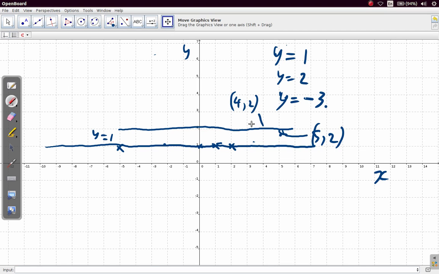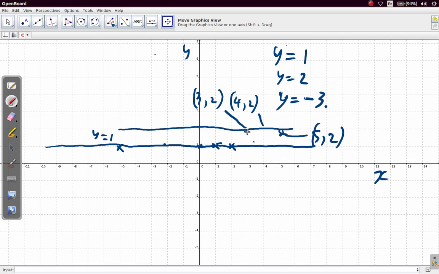When x is 4, y is 2. At this point, we have 3, 2. When x is 3, y is 2. It doesn't matter what x is. The important thing is here, y equals 2. So right along this line, whichever point you identify, you will see that y is equal to 2. Right?